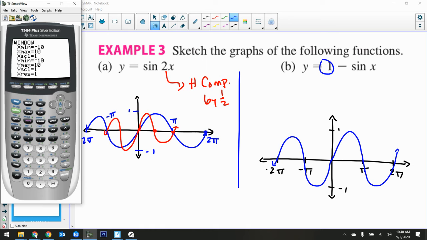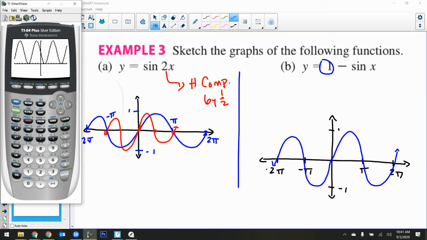Let's make it a y min at -1 and a y max to +1. Oh, and I shouldn't have done that. Why shouldn't I have done that? Because I got up, of course. Okay, I'll go y max to 2. There we go. Okay, so just shifting it up 1.